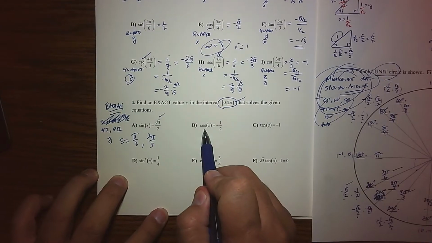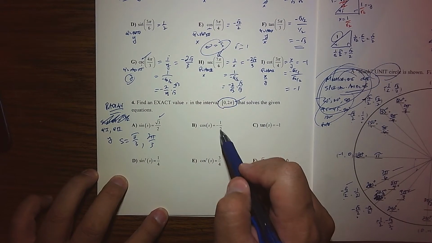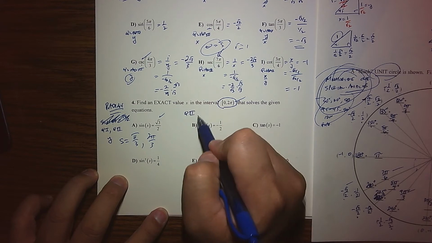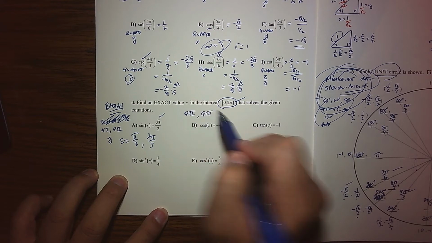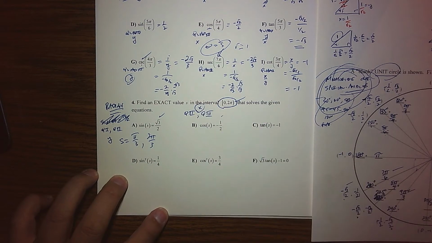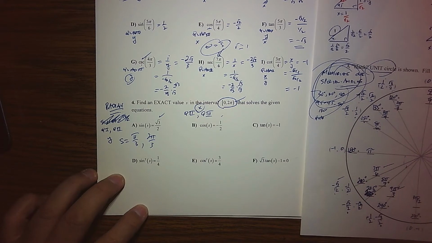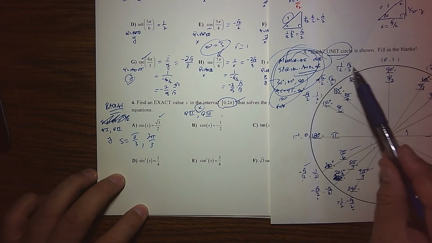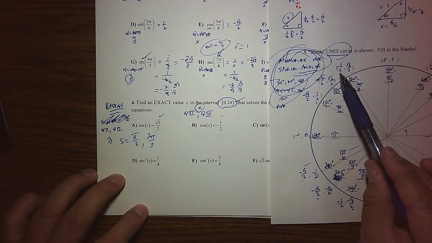The next one, cosine of S, again on radian mode, is equal to negative a half. Well, where's cosine negative? It's negative in quad 2, and it's negative in quad 3, and we're very interested in x values. I want x to equal negative 1/2 in quad 2 and quad 3. So when I go look at my cheat sheet, we're going to focus on quad 2, and there's x equal to negative a half.